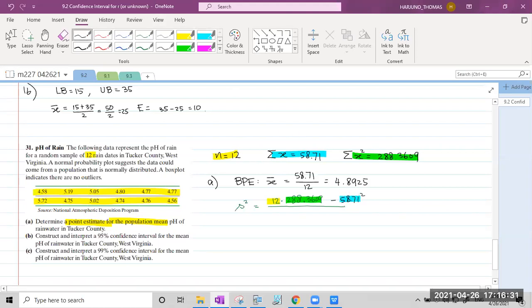Divided by the sample size times one less than the sample size, n times n minus 1.